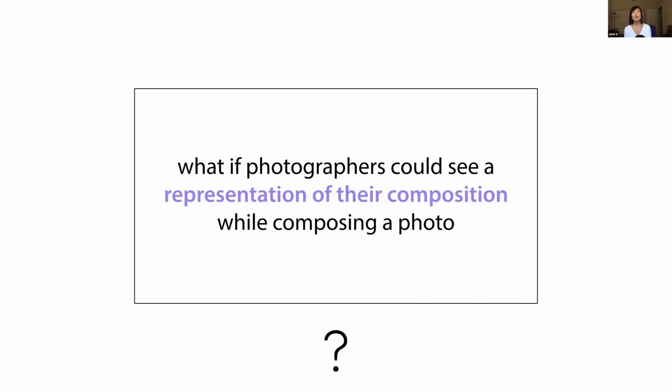But first, we wanted to understand if such a tool would be useful for novices, and if so, how to best design it. Specifically, there are many ways to represent composition. We wondered if highlighting lines in a composition grid, like the harmonic armature, was a helpful representation for users to interpret composition. And if so, how to decide what lines are most relevant to highlight.